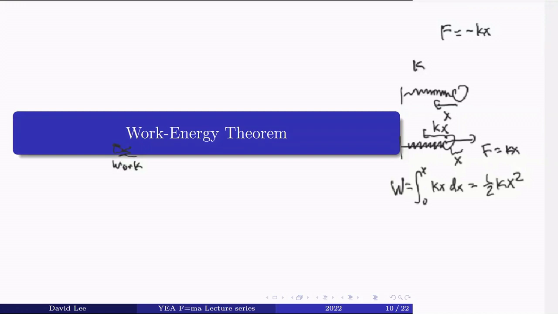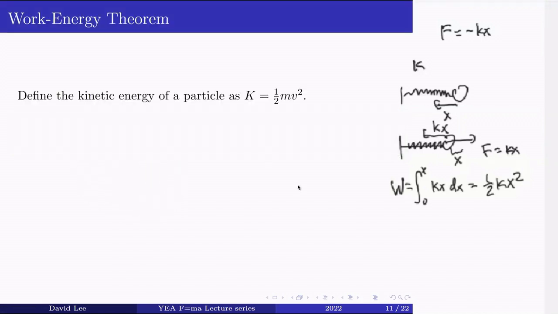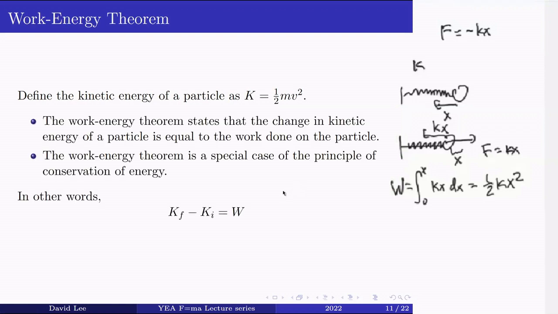All right, let's go on to the work energy theorem. Let's define the kinetic energy of a particle as half mv squared. What the work energy theorem says is that the change in kinetic energy of our particle is going to be equal to the work done on the particle.